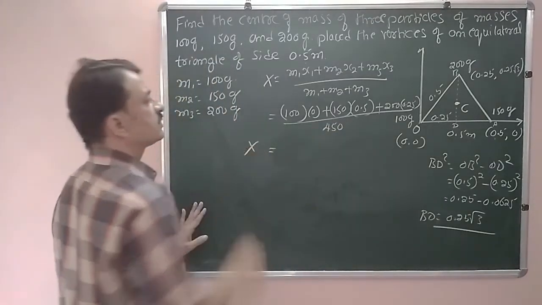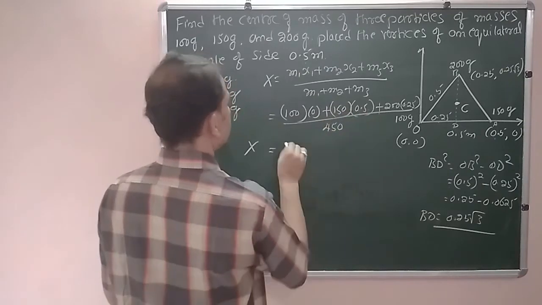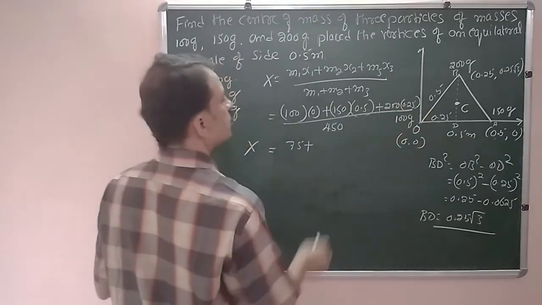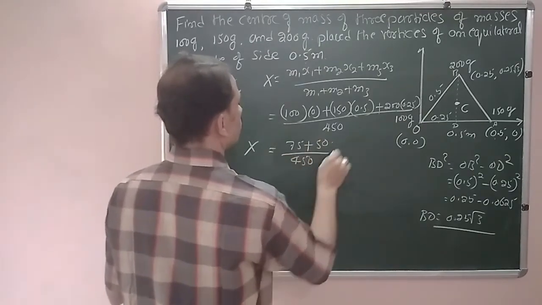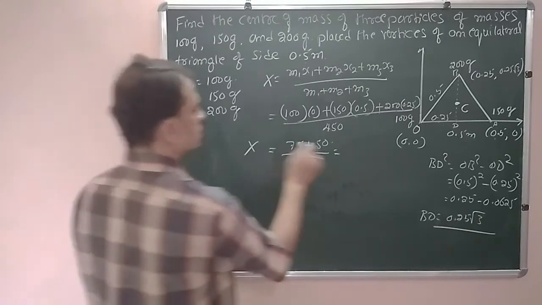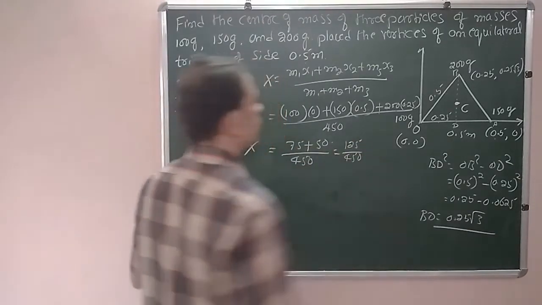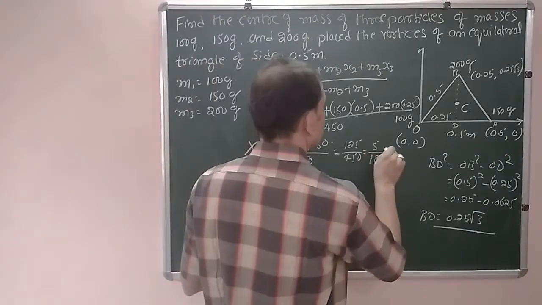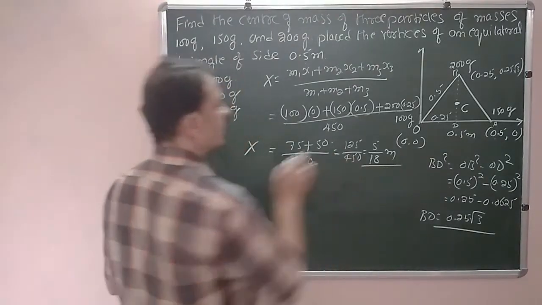Simplifying, 150 into 0.5 is 75, plus 200 into 0.25 is 50, divided by 450, is equal to 125 divided by 450, or 5 by 18 meter, the x coordinate.